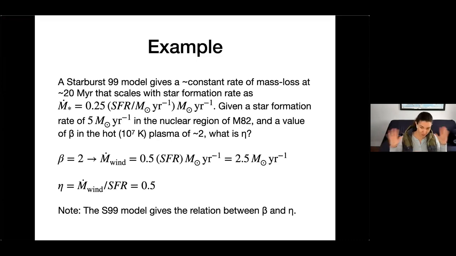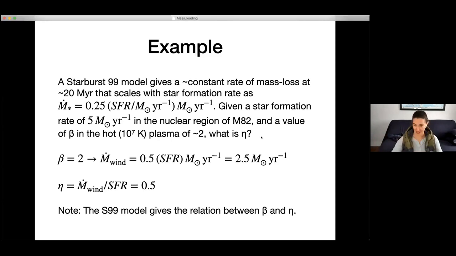This is not a complicated problem. I just, again, wanted to highlight that these are 2 different measurements and they have 2 different values. Right, so if we know beta is 2, that's essentially just saying that the mass that we measure in the hot plasma is twice what we would expect given the star formation rate and just the ejecta from supernova and stellar winds.